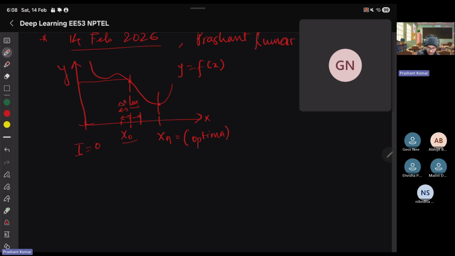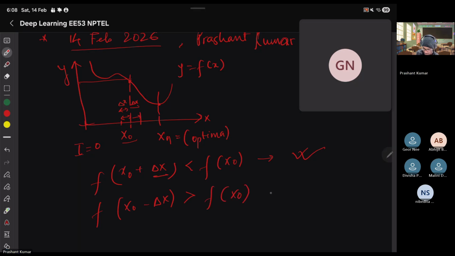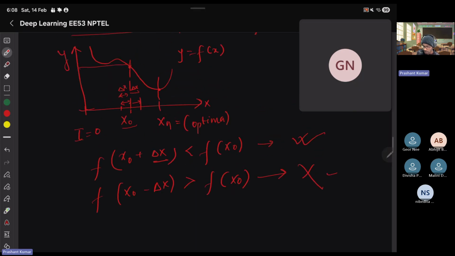If f of x naught plus delta x is lower than f of x naught, you say that you are moving towards the optima. Then this is the correct way of moving. If f of x naught minus delta x is greater than f of x naught, this is not the path you want to take. This is more like a shooting method.